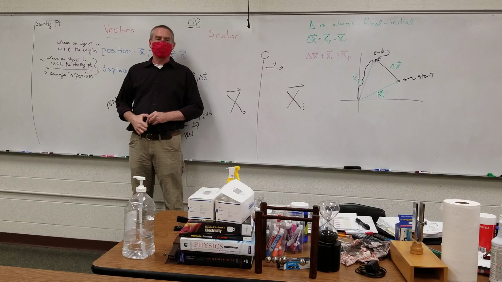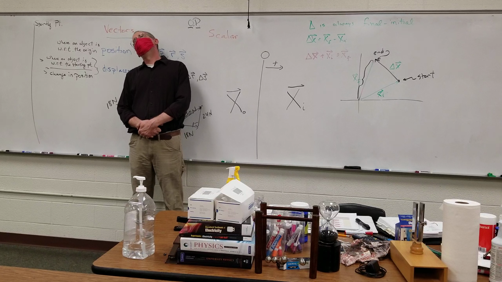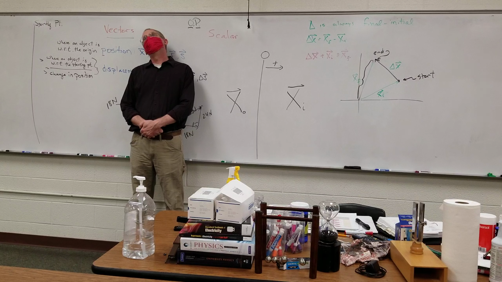In total, is it just position is where you're at and displacement is where you went? Does position have a direction? Yes, it's a vector, so it has a direction. One end of it is always at the origin, and the other one will be wherever your dot is.